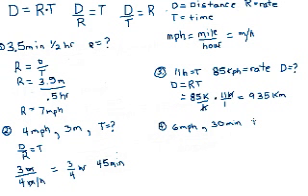Now this one is a little tricky because they're putting her rate in terms of miles per hour, not miles per minute, but they only told us how many minutes she jogged, which was 30. But we know 30 is half an hour, so 30 minutes needs to be converted to half an hour.